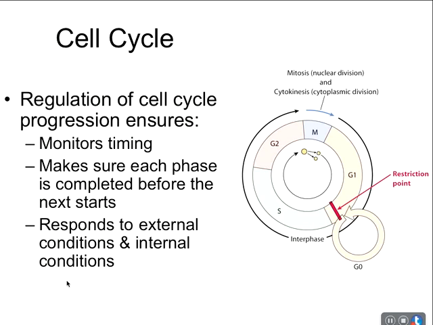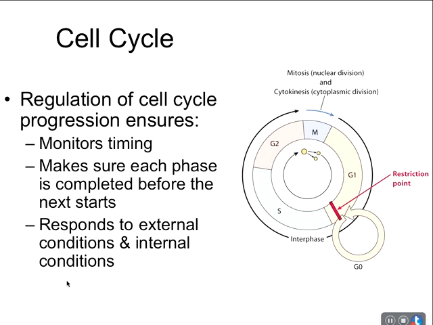Now, this cell cycle, with these different phases, is a highly regulated process that the cell goes through. Now, regulation of this cell cycle, why is it so important? First, you monitor timing. You do not want cells to go through cell division when they're not supposed to, so you can monitor timing on a tissue level, a developmental level.